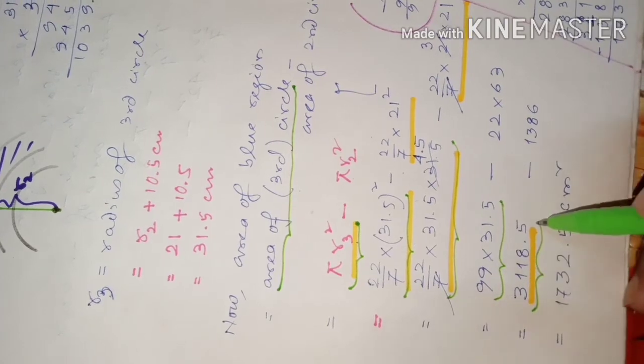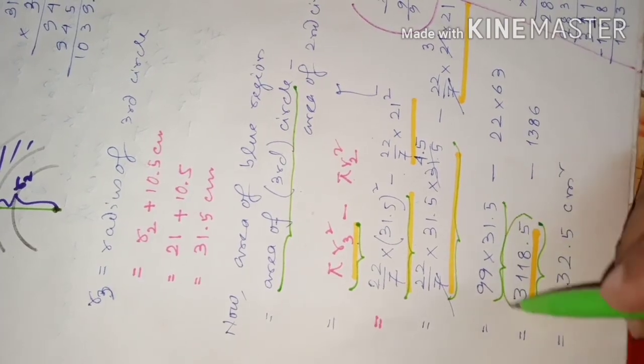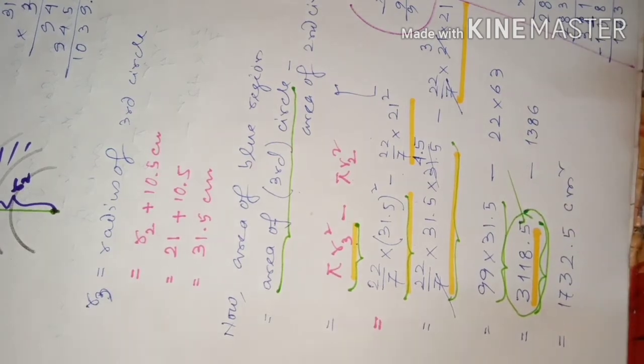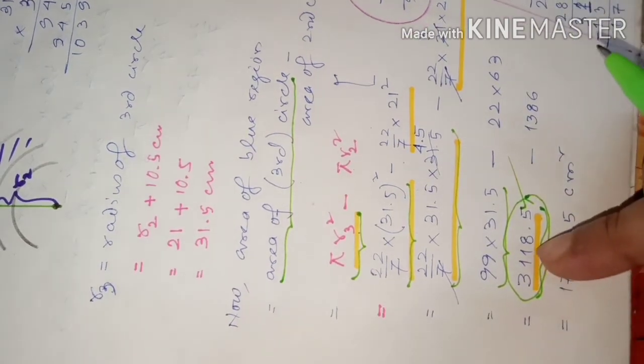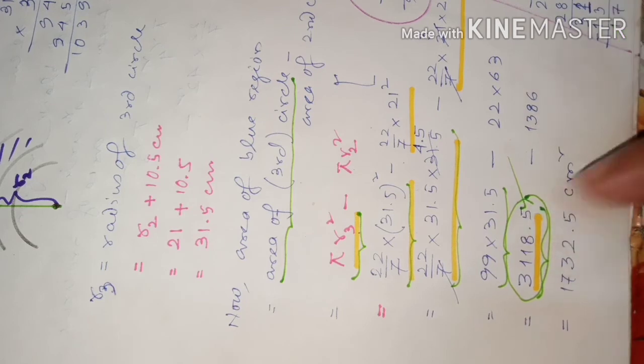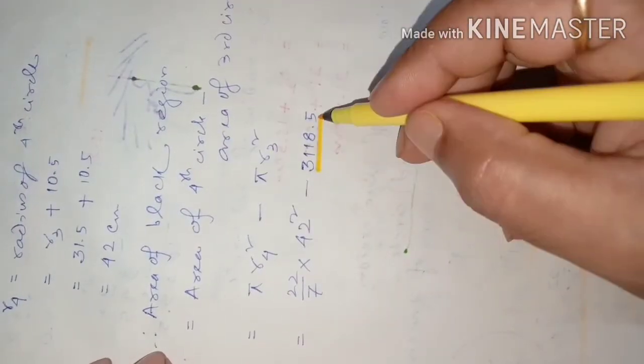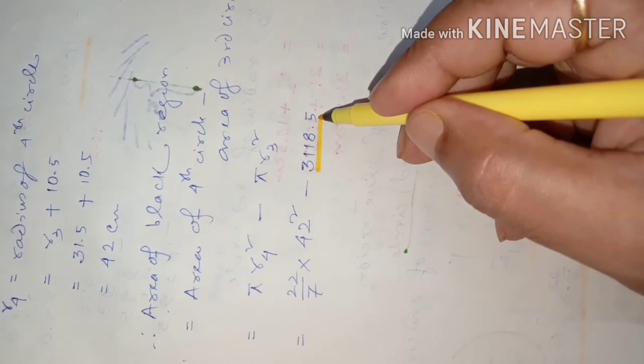After calculation, this is the area of third circle, so this number you can use directly. That is 3118.5. That will go directly there. So we brought this number directly here from the previous calculation.